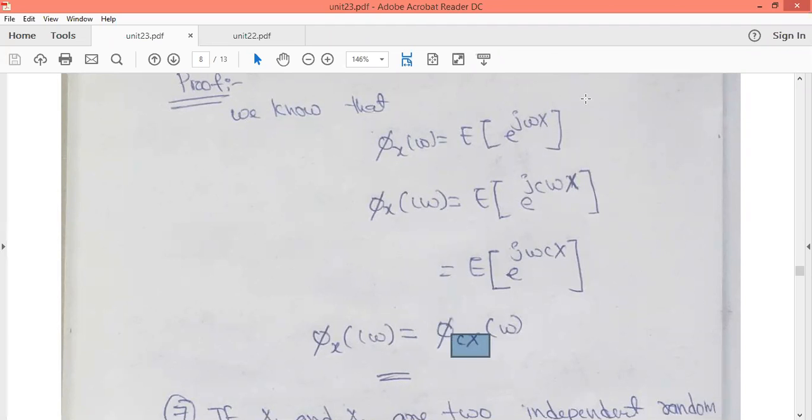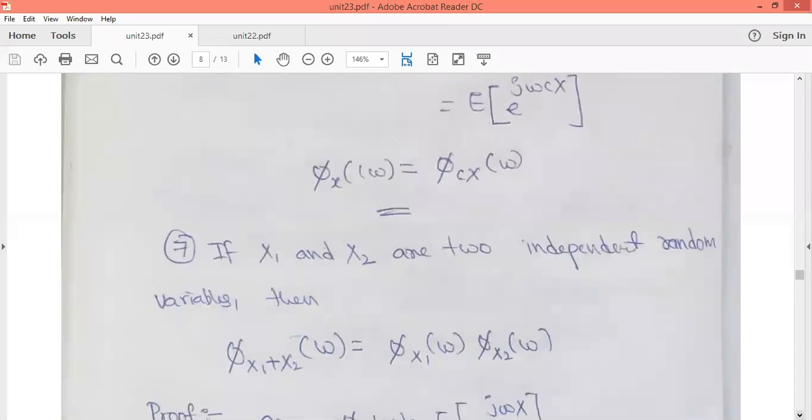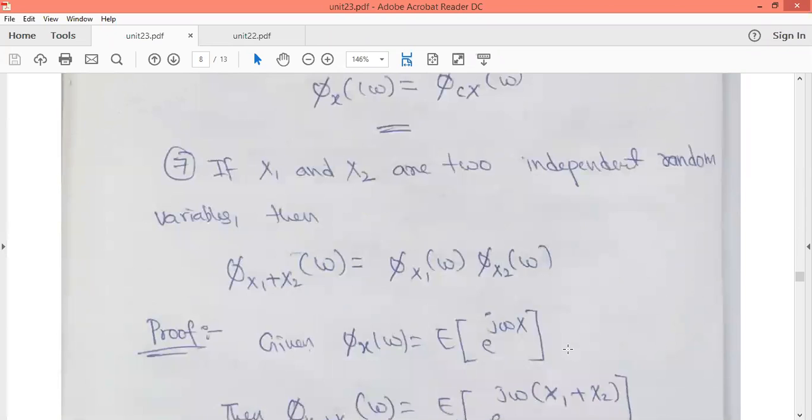Now we see the seventh property here. If x1 and x2 are two independent random variables, then phi x1 plus x2 of omega will be equal to phi x1 of omega times phi x2 of omega. Here, phi x of omega is the expectation of e power j omega x.